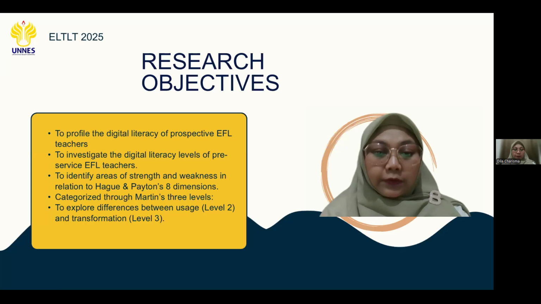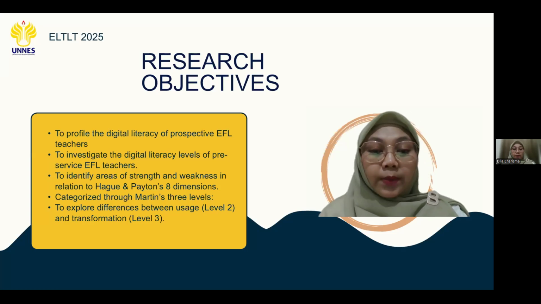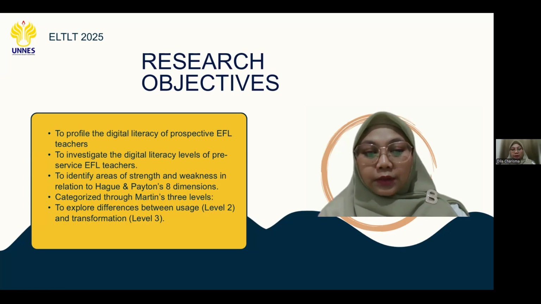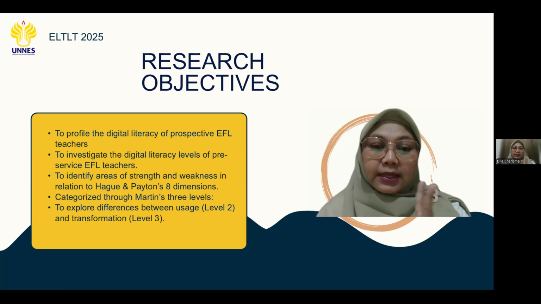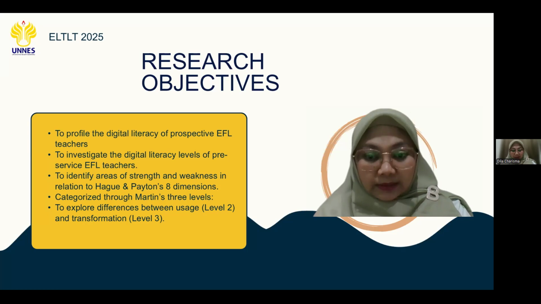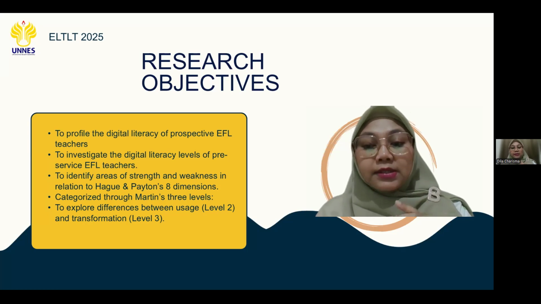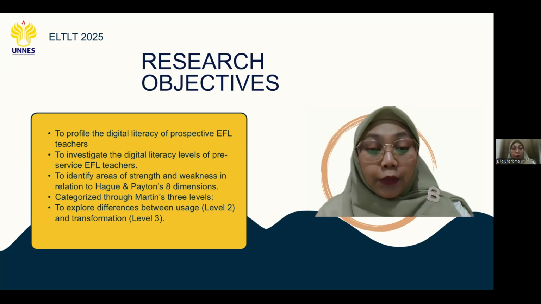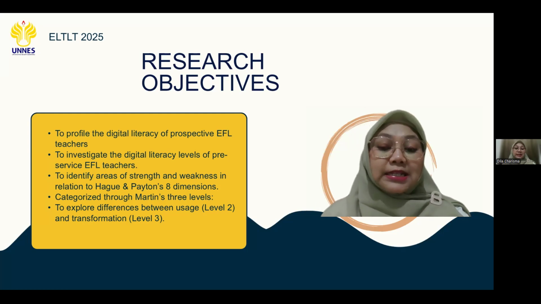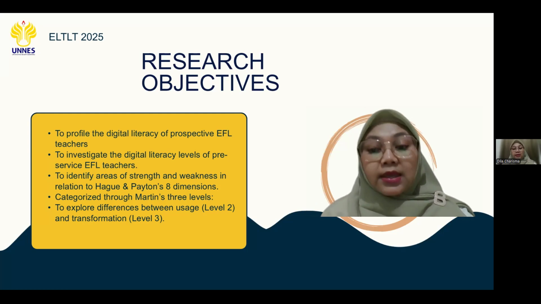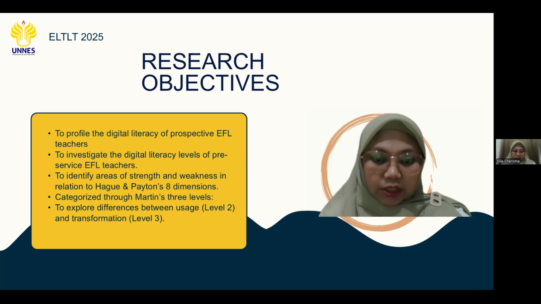The objectives of our study are fourfold. First, to profile the digital literacy of prospective EFL teachers. Second, to examine the digital literacy levels using Martin's three-stage model. Third, to identify areas of strength and weakness in relation to Hague and Payton's eight dimensions.